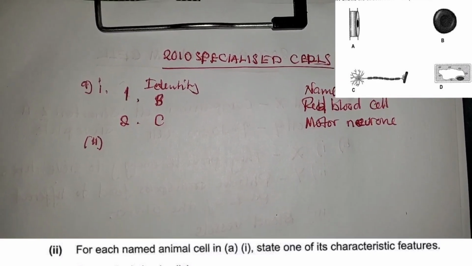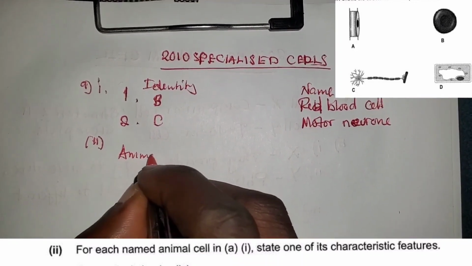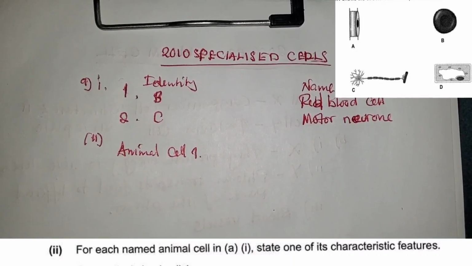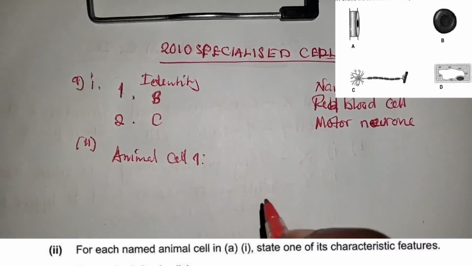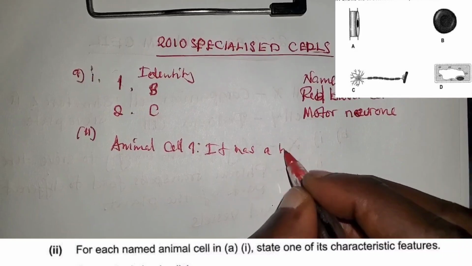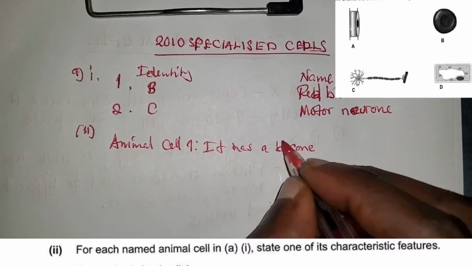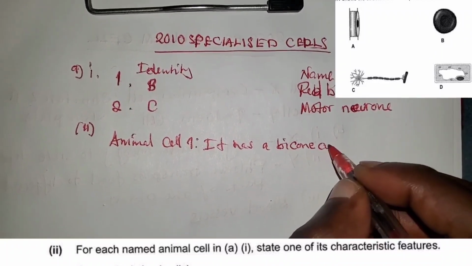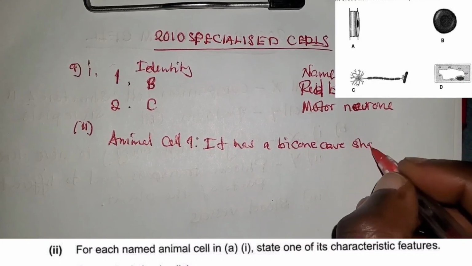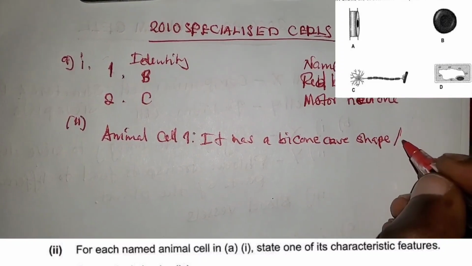So the feature of animal cell 1, the first one, which is a red blood cell, is that it has a biconcave shape, or disc shape.